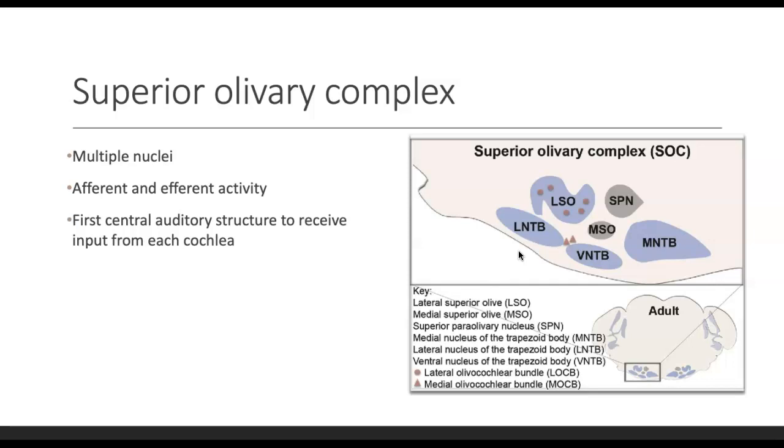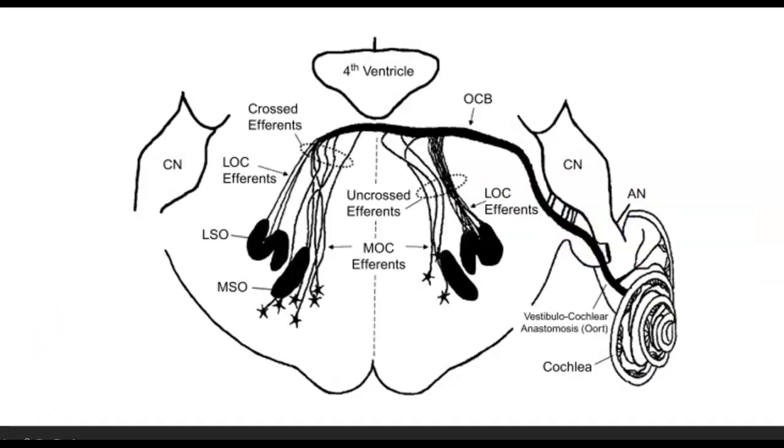And again, this is the first area that receives input from both ears, okay? So the SOC, here you can see some structures. There are efferents coming downward, right, that go down to the cochlea, okay, from the SOC area down to the cochlea.